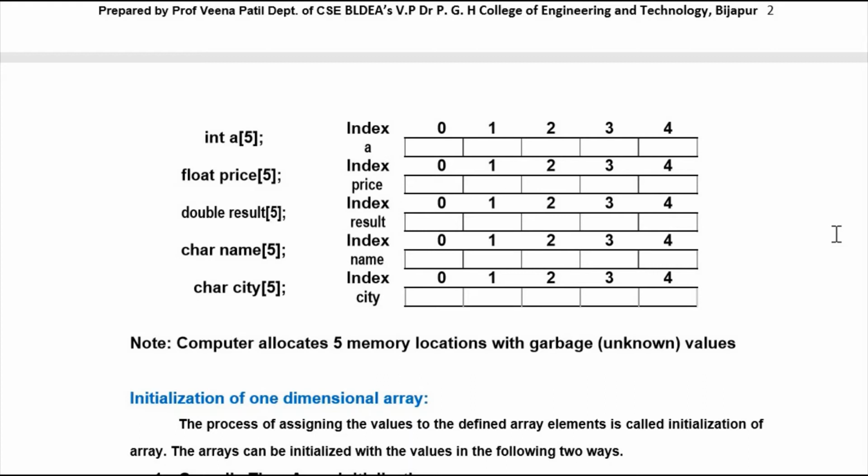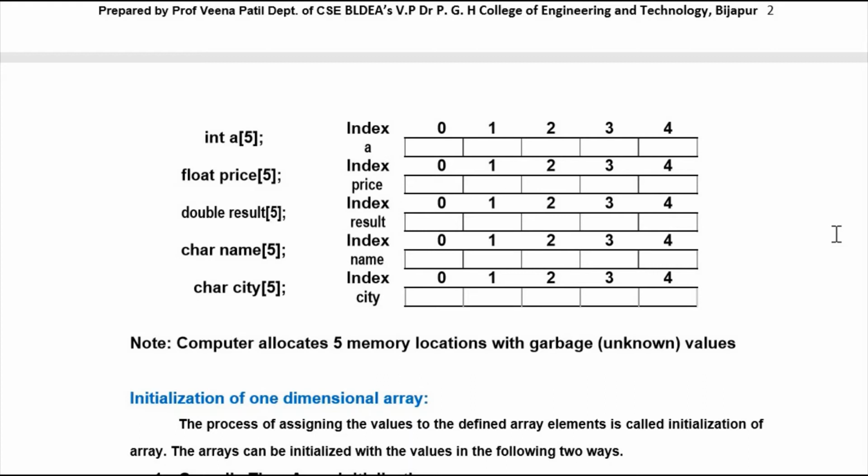Similarly, float price. The price is the name of the array which is going to store floating type values. How many values can it store? It is capable of storing 5 different values. Same way, I have shown here how the array will be created with index values from 0 to 4.